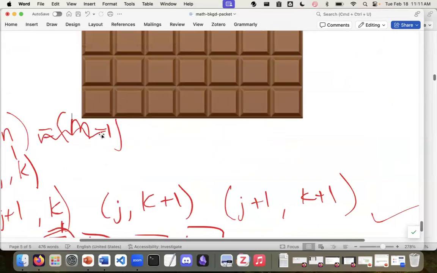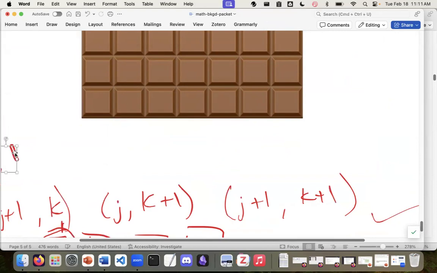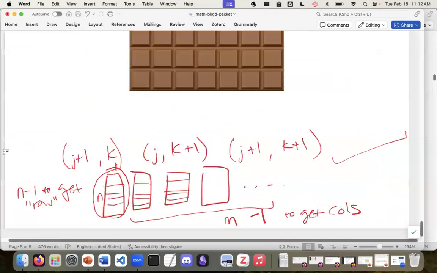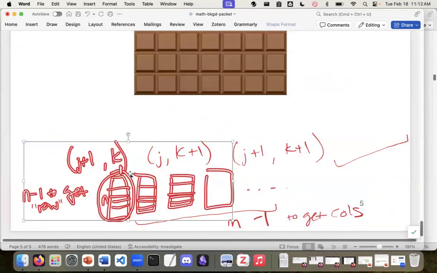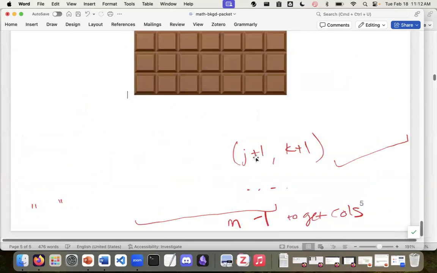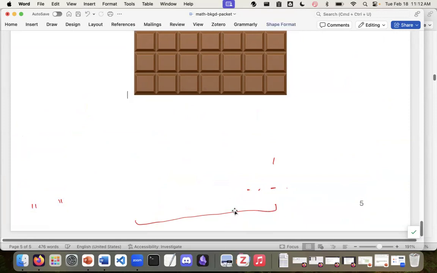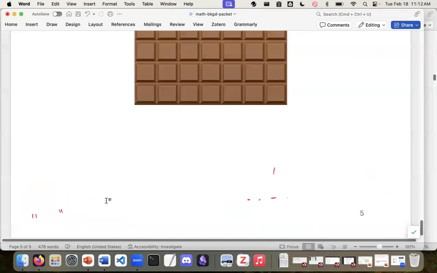Because I want to make sure that we have the correct equation. Okay, good enough.